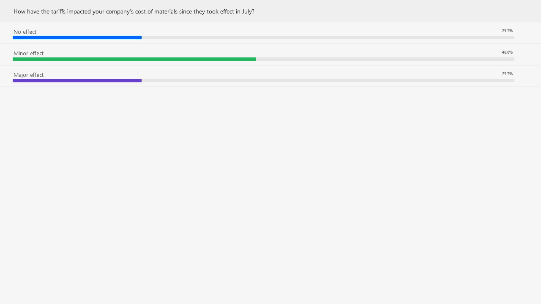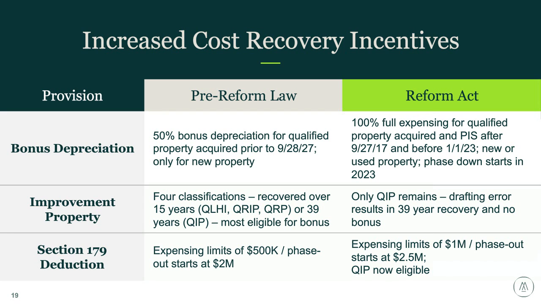So next up, we're going to be talking about increased cost recovery incentives. And this was another hugely beneficial aspect of tax reform. Namely, the new rules related to bonus depreciation allow for 100% expensing of qualified property, whereas the previous rules just allowed 50%.